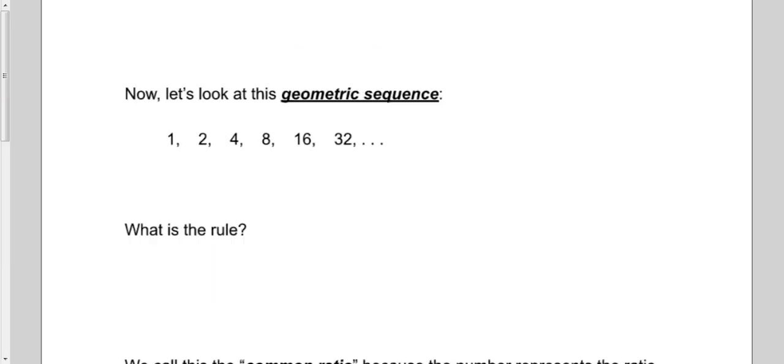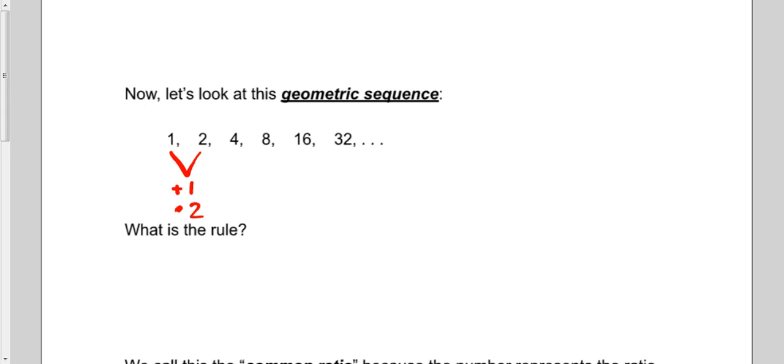Next page. Now we're looking at this geometric sequence. Again, we'll get back to what that means in a minute. Now, to get from 1 to 2, I could do either one of two things. I could add 1, right? Because 1 plus 1 does equal 2, but I could also times it by 2, because 1 times 2 also equals 2.